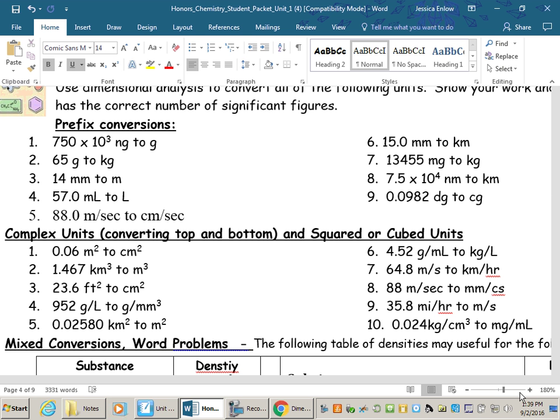You put grams on top, nanograms on bottom. So 7.5 times 10 to the negative 4.